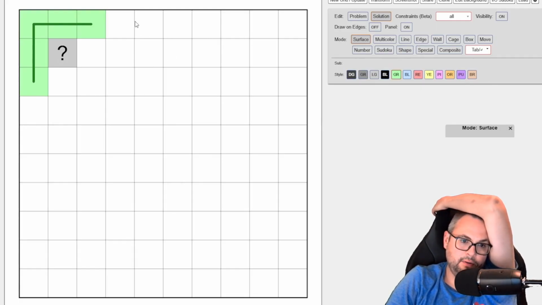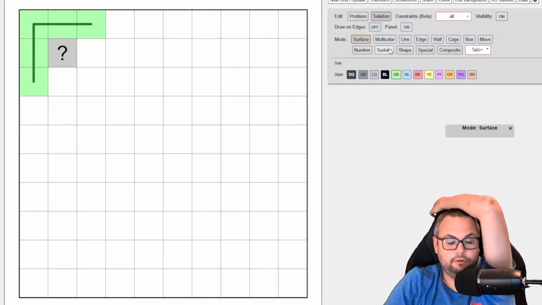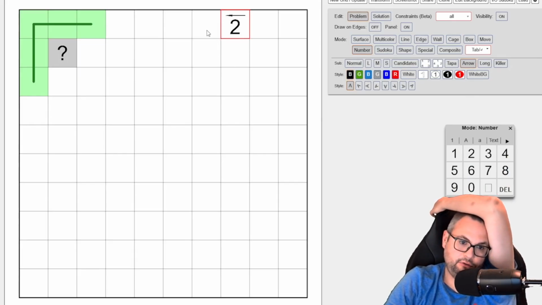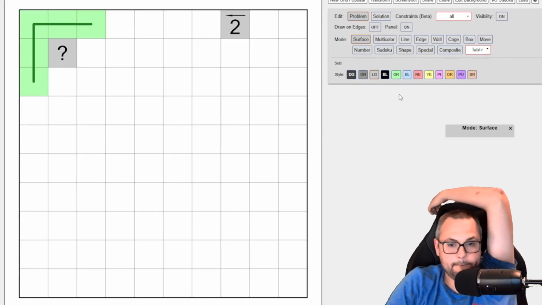Okay, so now I would like to put a clue here. Arrow there with a 2. That says that 2 of these cells are shaded. So again, this is going to be light gray because it's a clue.